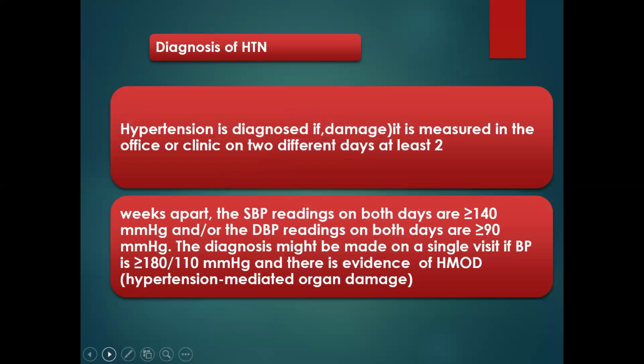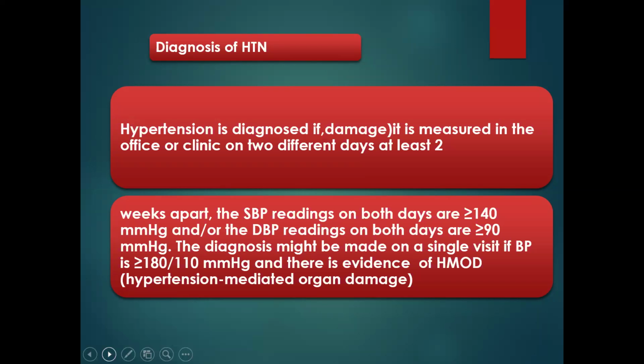How do we diagnose hypertension? Hypertension is diagnosed when it is measured in an office or clinic on 2 different days, at least 2 weeks apart, and the systolic blood pressure reading on both days is 140 and above millimeter mercury, and/or a diastolic blood pressure reading above 90 millimeter mercury.